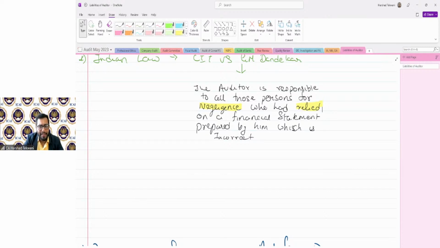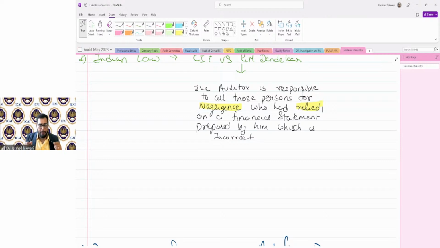If I give a classic example, let's say there was an agreed upon procedures engagement where I was only required to check the arithmetical accuracy. If there is any issue with respect to the underlying transaction, was I expected to perform that particular standard of care that an auditor used to perform in the case of an audit? It was only agreed upon procedures, okay.